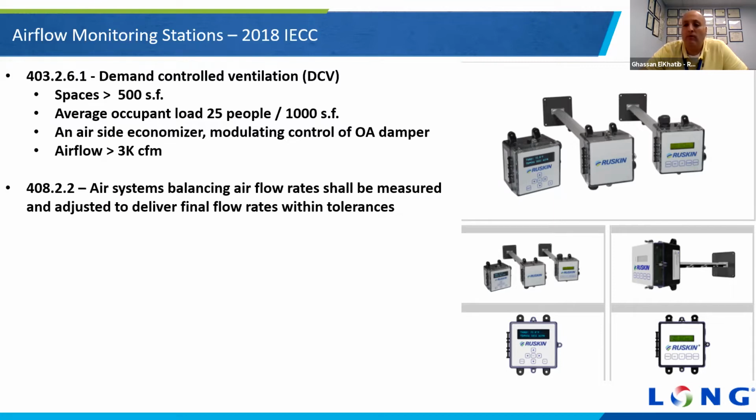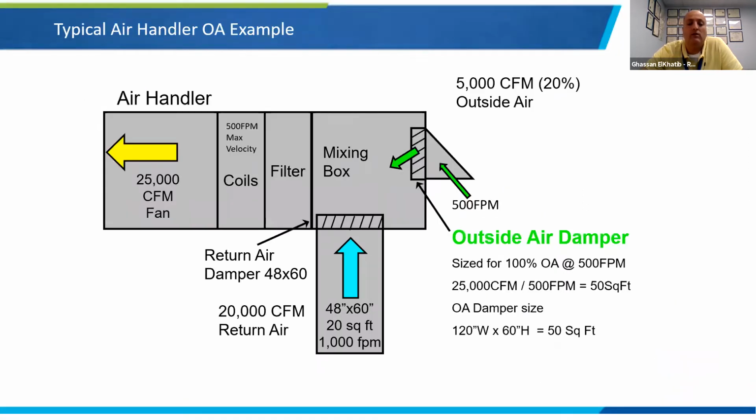And obviously, reducing the outdoor air means less cooling, less heating, less treating of unconditioned air for the life of the building. Section 408 also touches on the commissioning and measuring of that airflow. So we obviously need it. It's required by code, and it's good for the facilities.